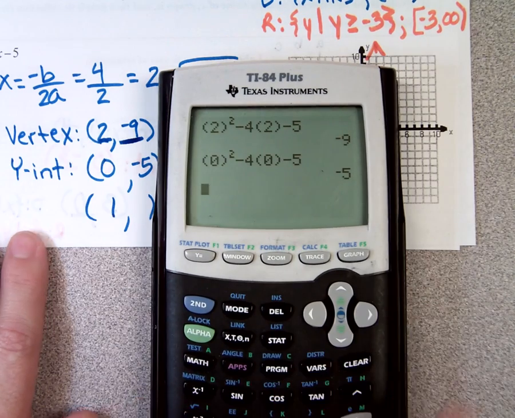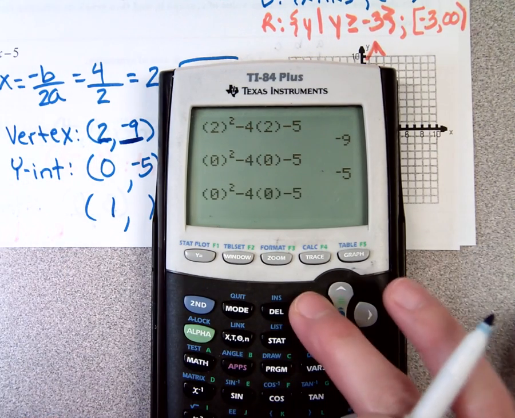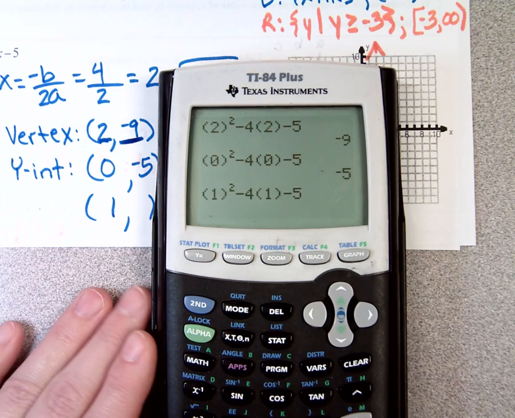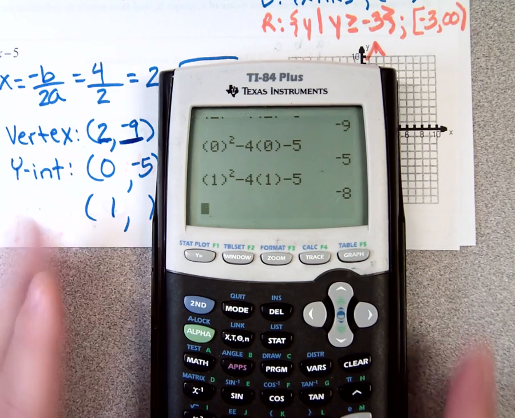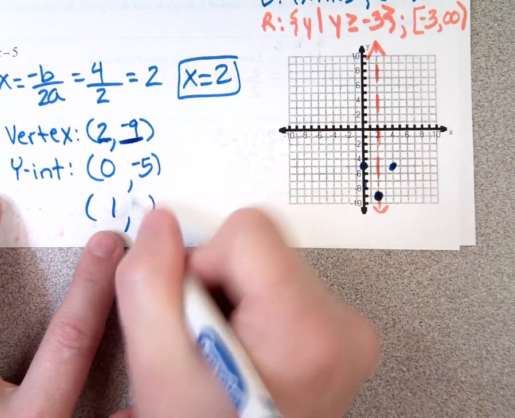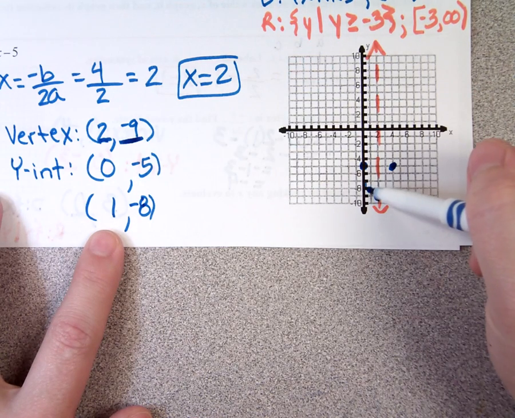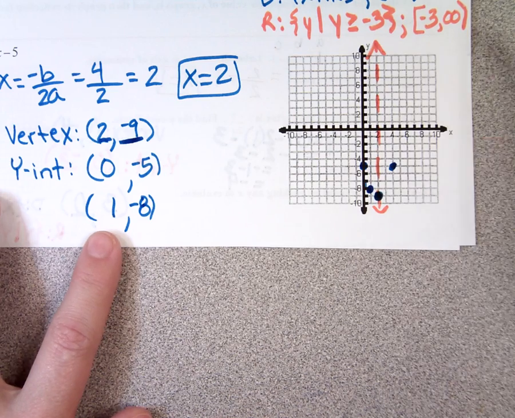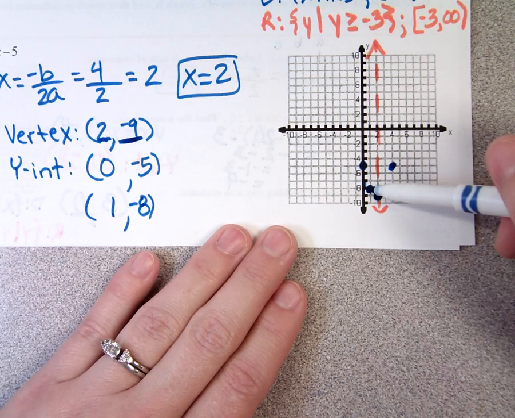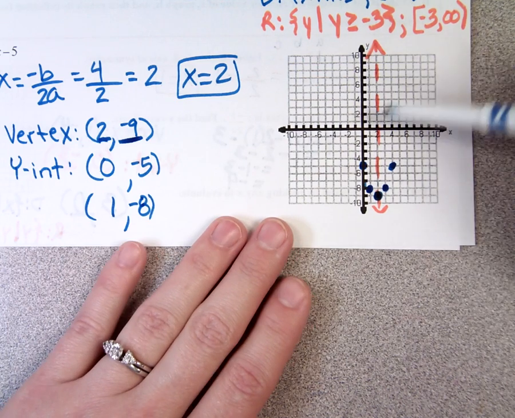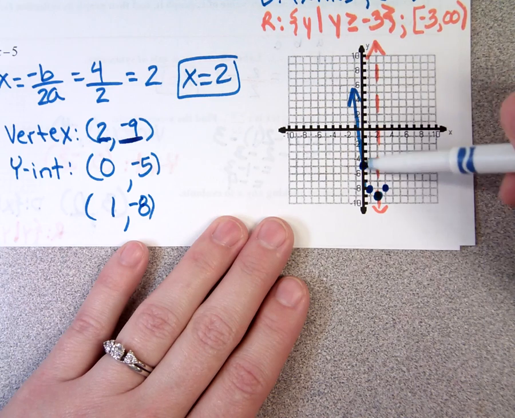The great thing about the calculator is I can second enter, back it up, put 1's in, and I get negative 8. So I'm going to plot my 1, negative 8. Right 1, drop down 8. Where would this one land when you flip him? 3, negative 8. Right 1 to hop on the axis, right 1 more to get to his reflection, which is 3, negative 8. And now that you have your 5 points, you can make your pretty little U.